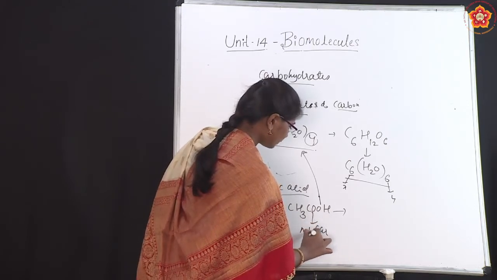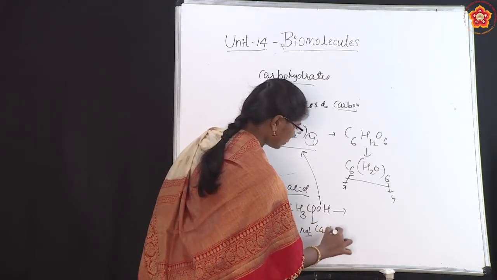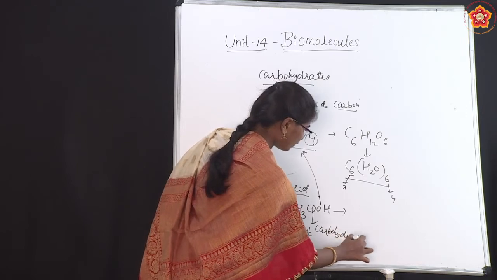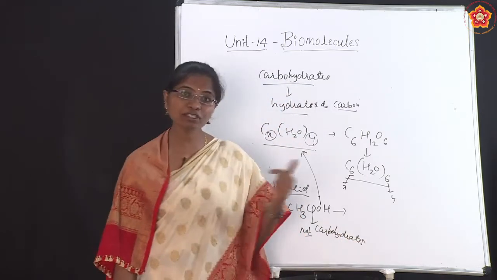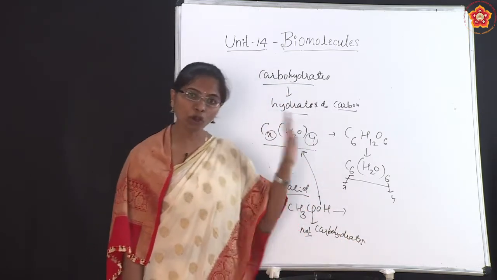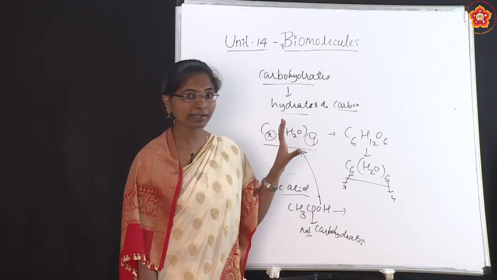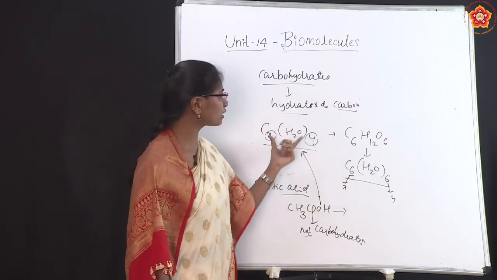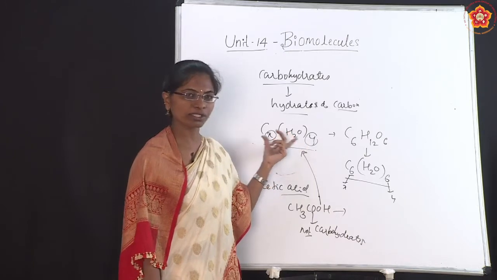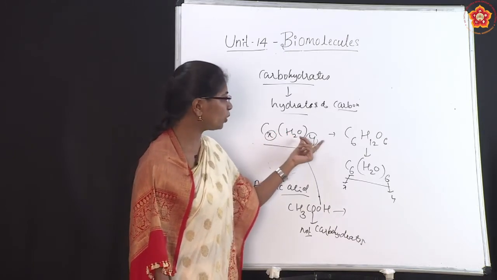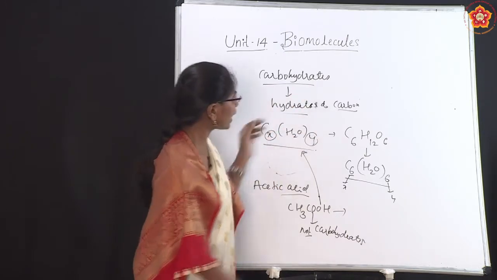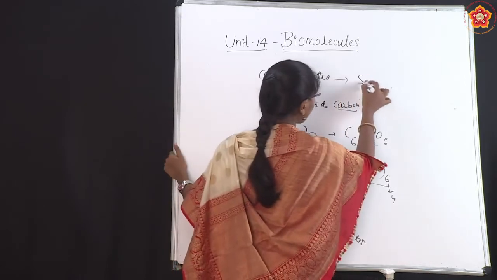It is very important to know that there are a few compounds which fit into the general formula but are not carbohydrates, while all carbohydrates fit into this general formula CxH2Oy.